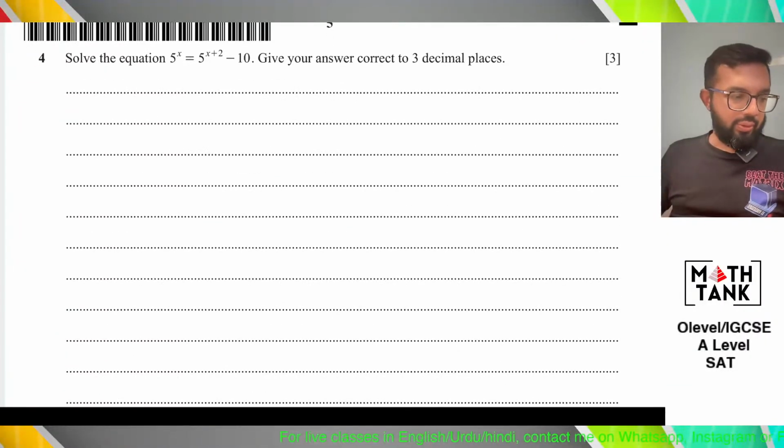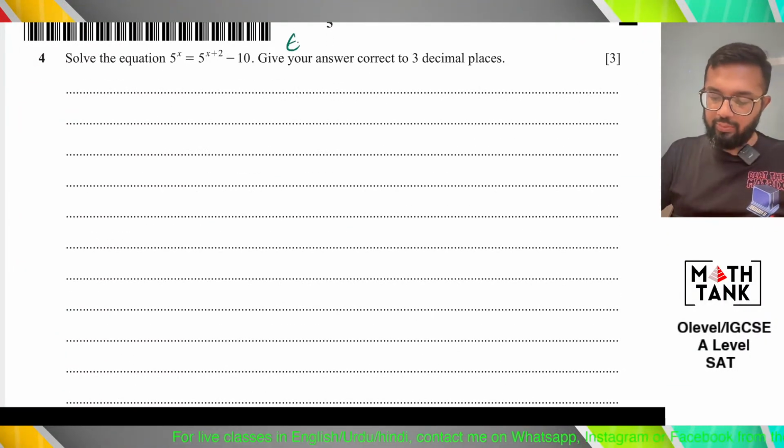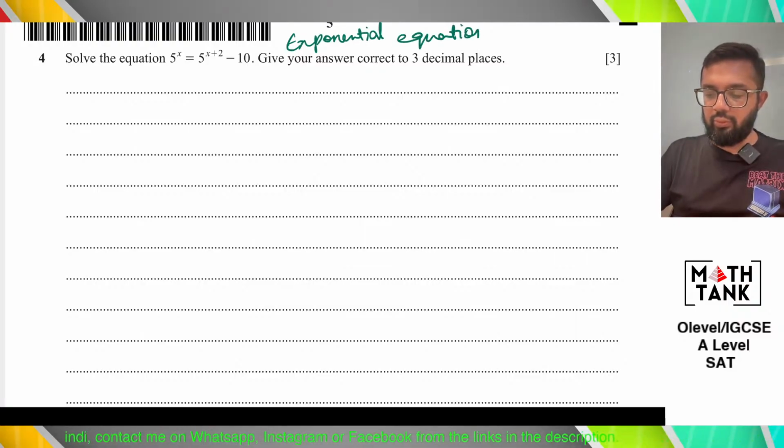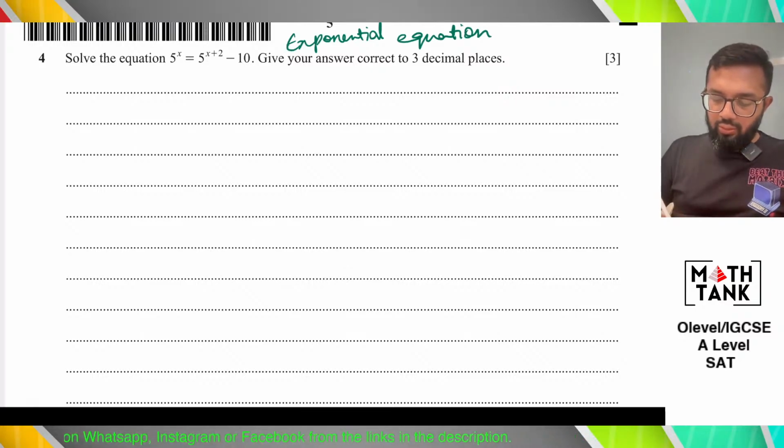Okay, moving on to the next question. This is an exponential equation. You solve these questions using a substitution. So u equals 5 power x.